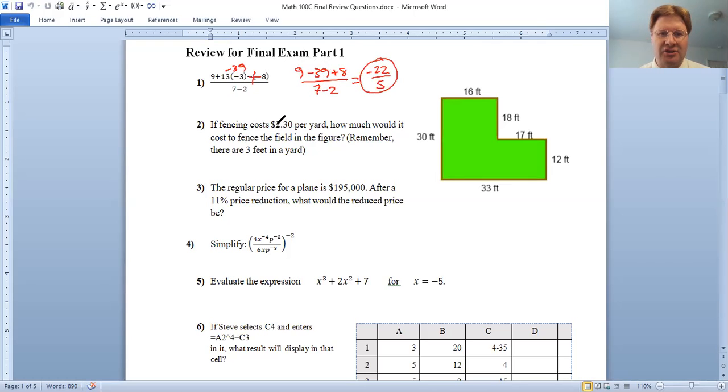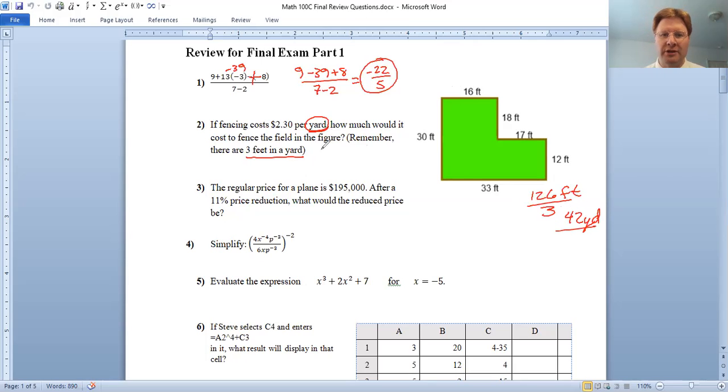If fencing costs $2.30 per yard, ooh, 3 feet in a yard, have to watch out, everything's 3 feet. How much would it cost to fence the field in the figure? So if we add all of these up, we have 30 plus 33 plus 12 plus 17 plus 18 plus 16 going all the way around. That's going to give us 126 feet. Okay, 126 feet divided by 3, because there are 3 feet per yard, that's 42 yards.